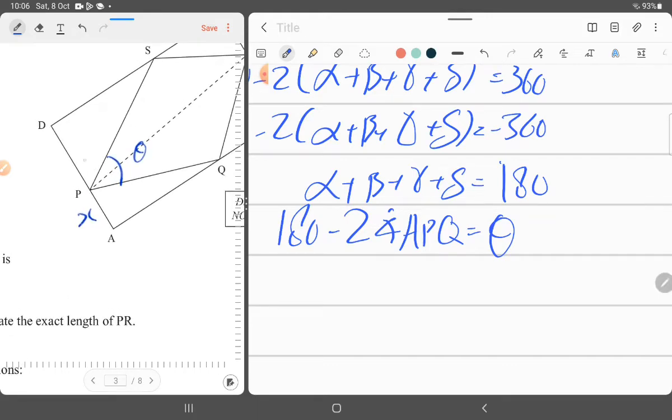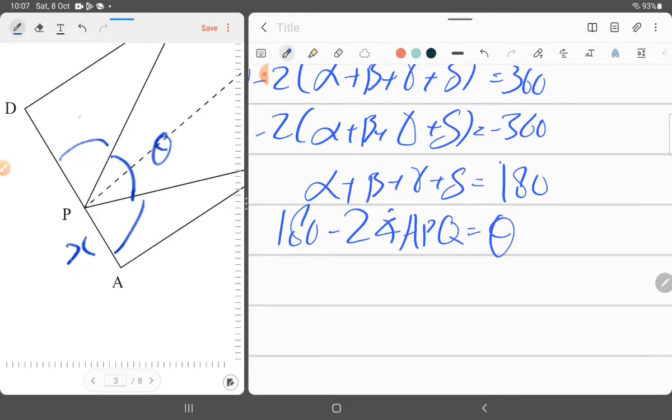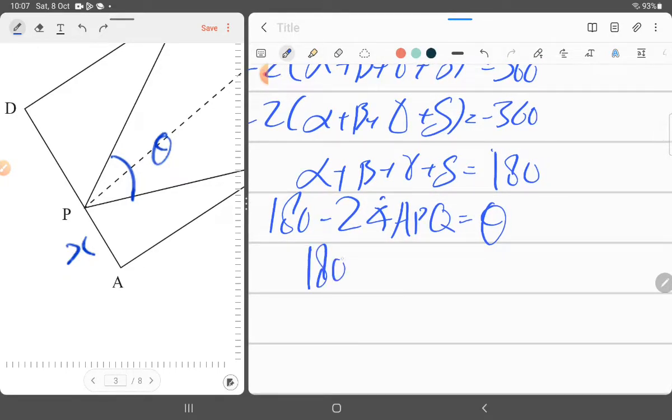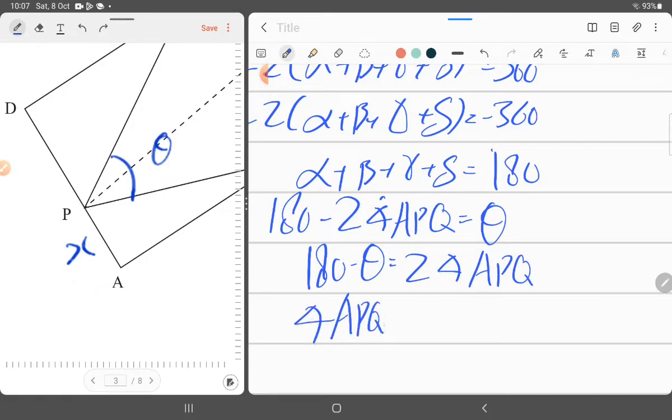This is theta. These are equal, so 180 take... oh wait, yeah, these are 90 take away... so 180 take away theta is equal to 2 angle of APQ, so angle of APQ is equal to 90 take away theta over 2.